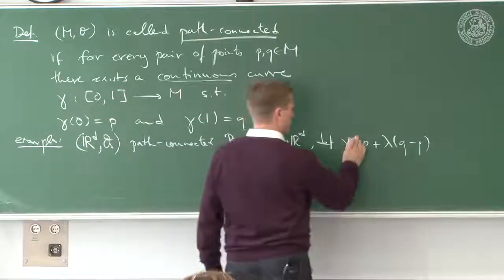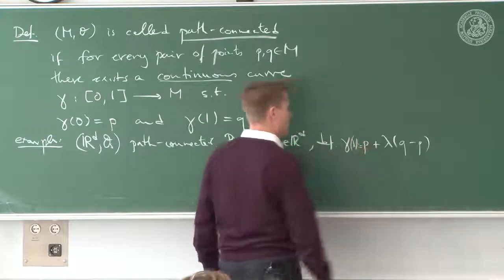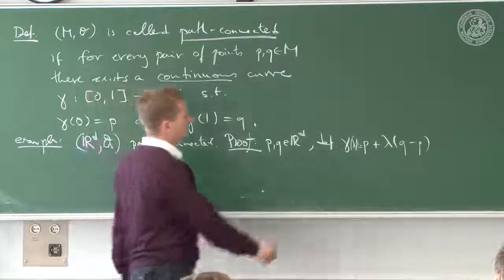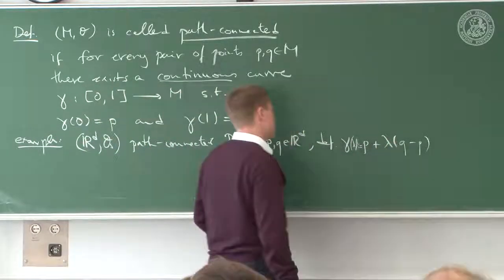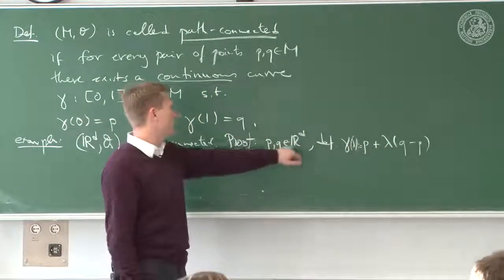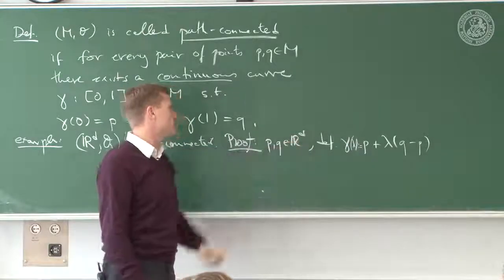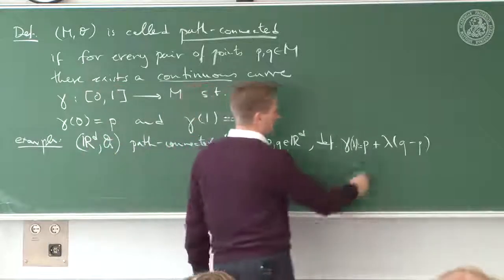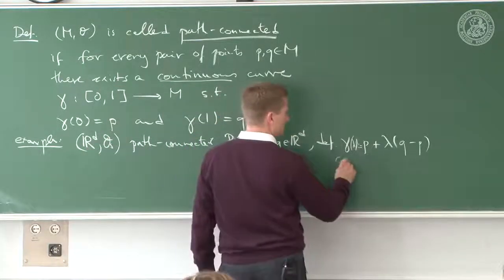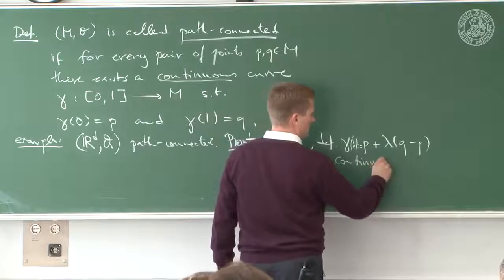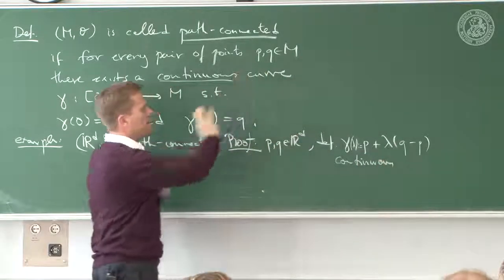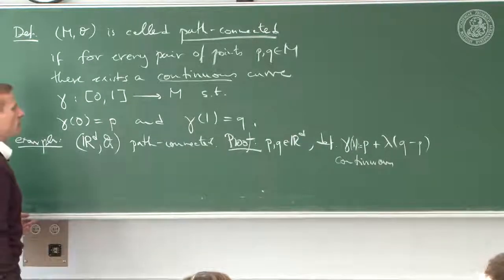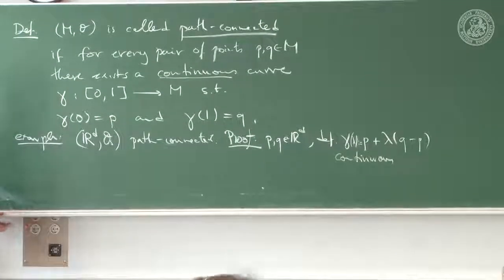So gamma of lambda is P plus lambda (Q minus P). And the addition and the multiplication with scalars is the component-wise defined addition and multiplication with scalars on the d-tuples. This curve, it can be quickly checked, is continuous. It's just a straight line connecting the two, and in the standard topology, that's continuous. So between any two points, there exists such a curve.